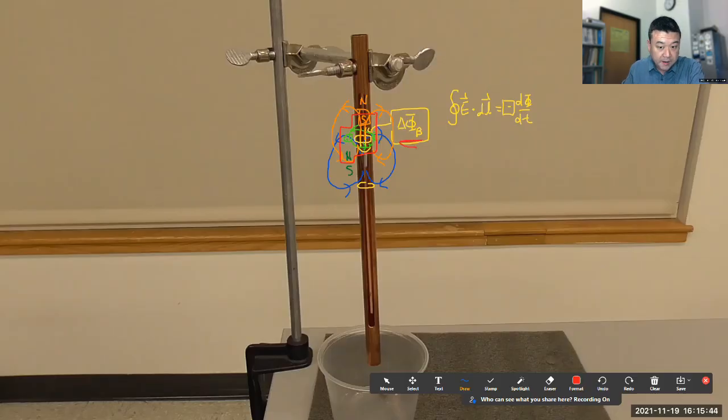So if you did an analysis for this loop, it will show that it's not north and south, it's south and north, so that the south pole is repelling the south pole and again slowing it down.